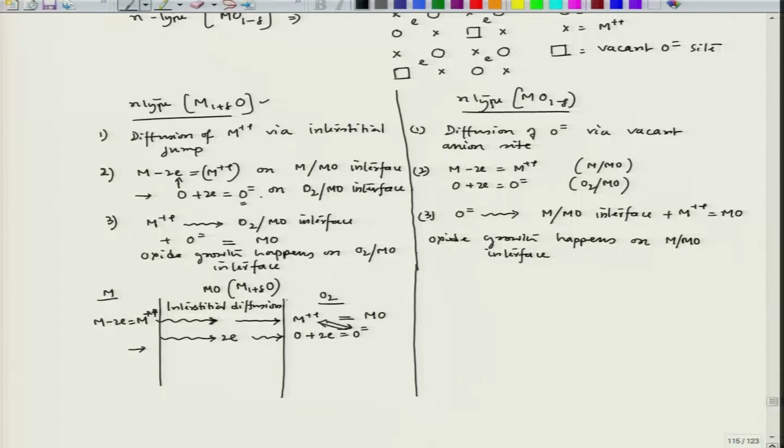So, the oxide growth happens on this surface. Okay. So, this is the typical mechanism we have here, and on the other side this is the growth interface.